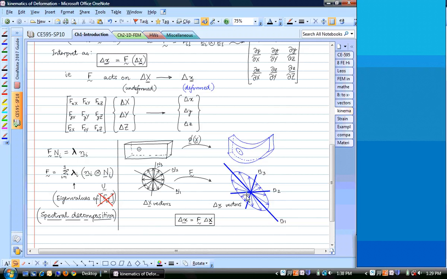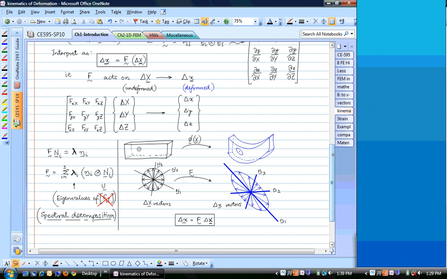So this sphere will go to an ellipsoid, which will have semi-major axes along N1, N2, and N3, of lengths lambda 1, lambda 2, lambda 3. All that we are doing is taking a sphere and stretching it and perhaps rotating it. That's the effect of F on any infinitesimal vector. Does that sound clear?